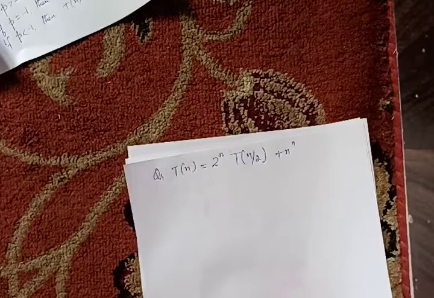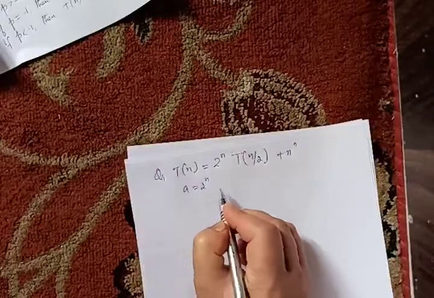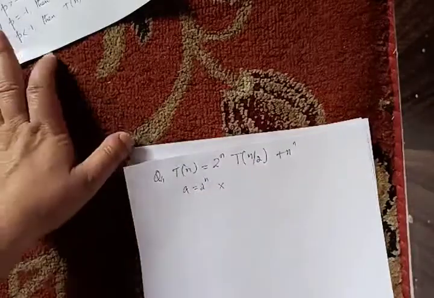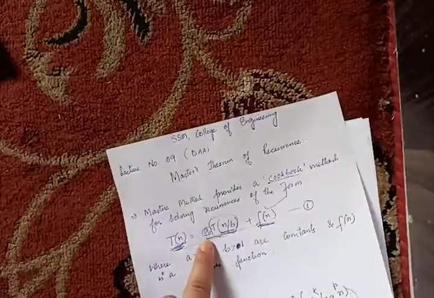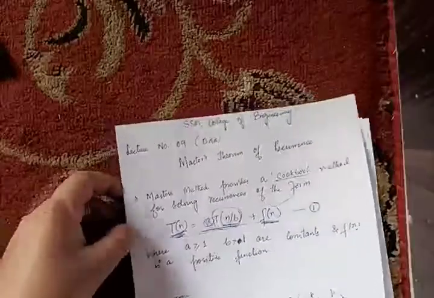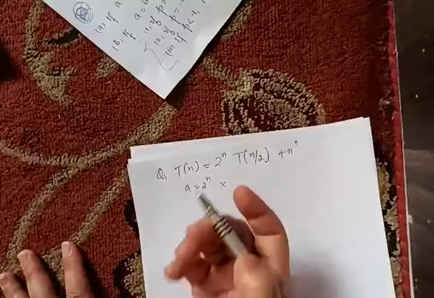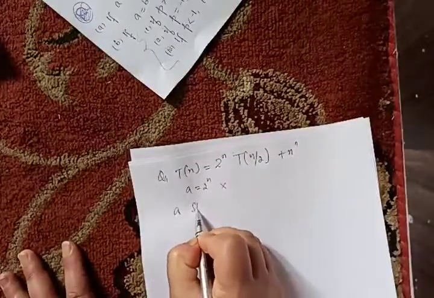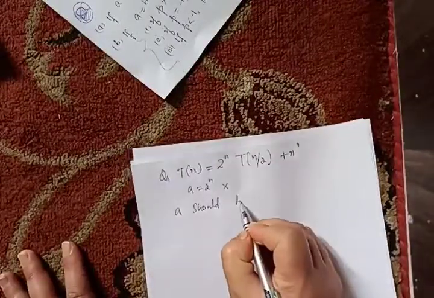The question is here, a is equal to what? 2 to the power n? No. Why? Because our a must be a constant, it should not be exponential.